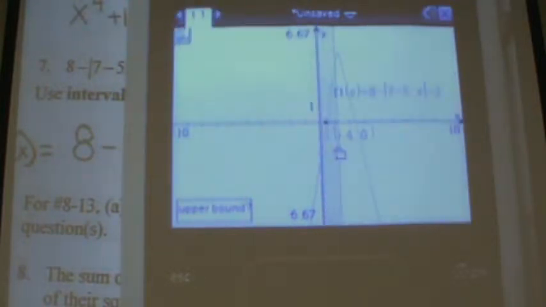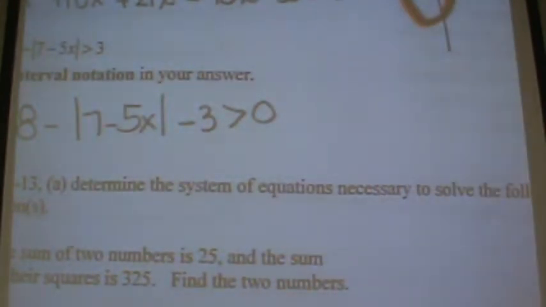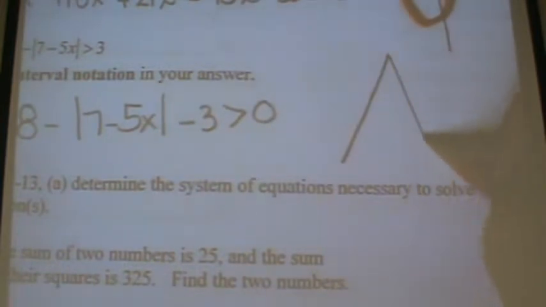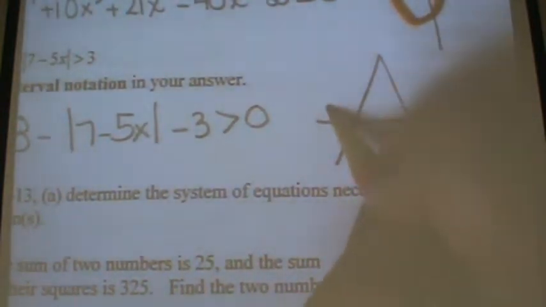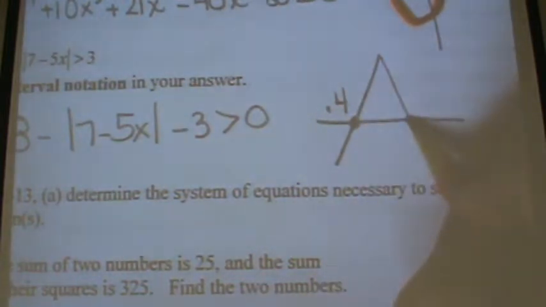Analyze graph, 0. This one is 2.4. So I've established my 2 zeros. This is the picture of it. Just like this. So this 0 is 0.4, and this 0 is 2.4.